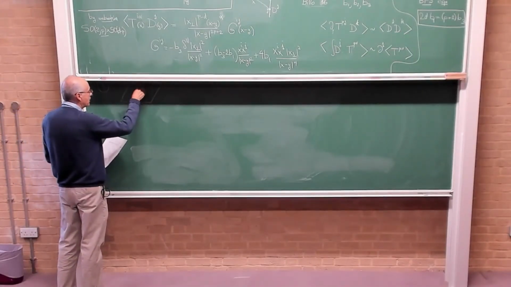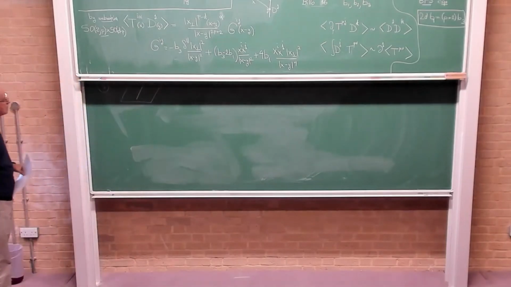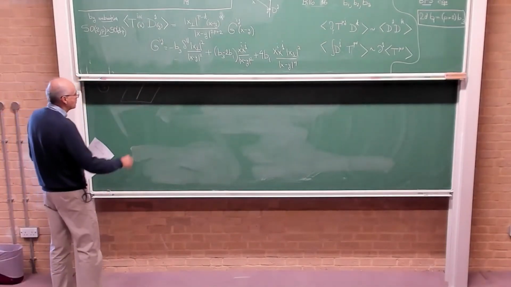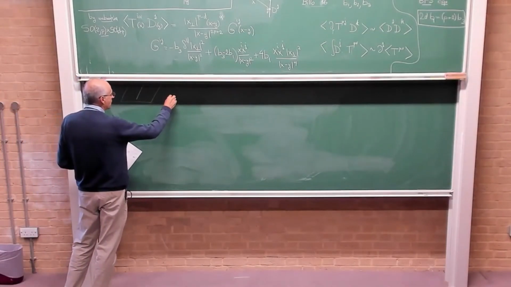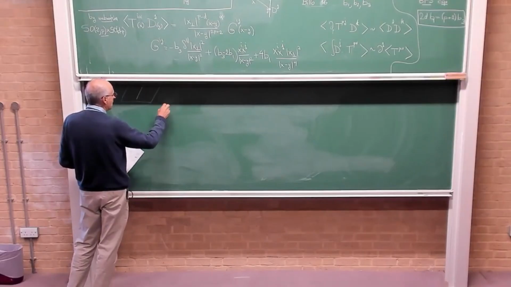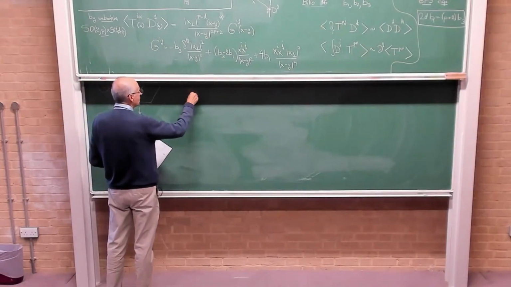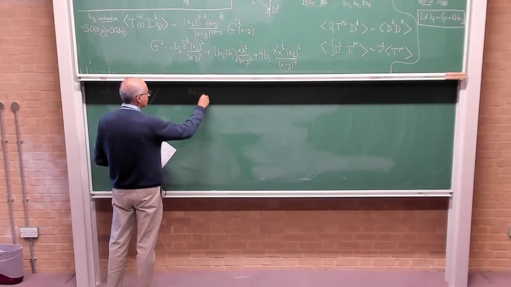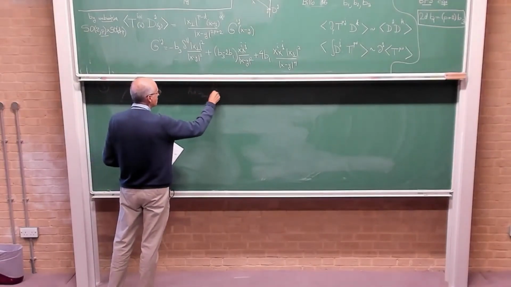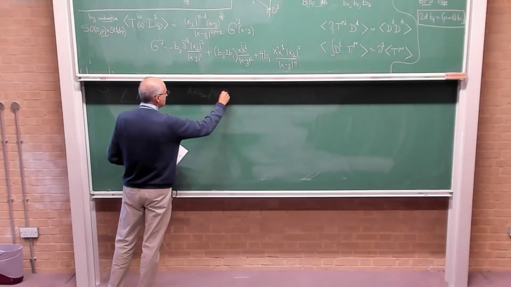We have a defect in flat space-time, and now we add the anti-de Sitter dimension, d plus 1, dual to a SCFT in d dimensions.